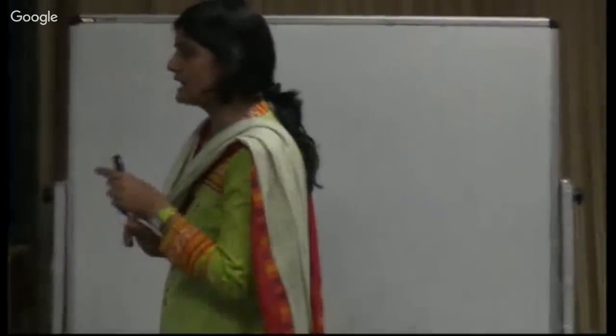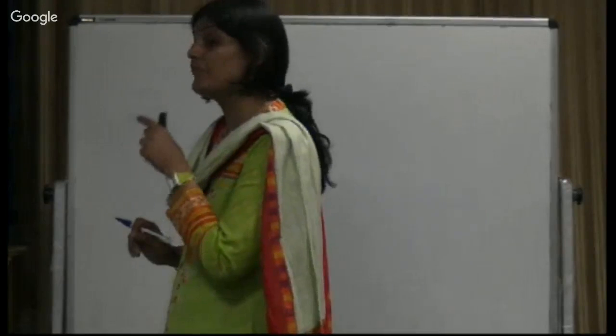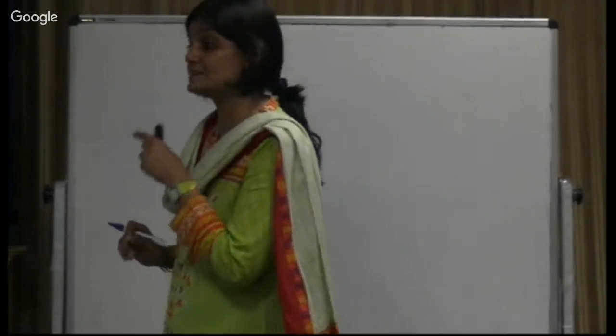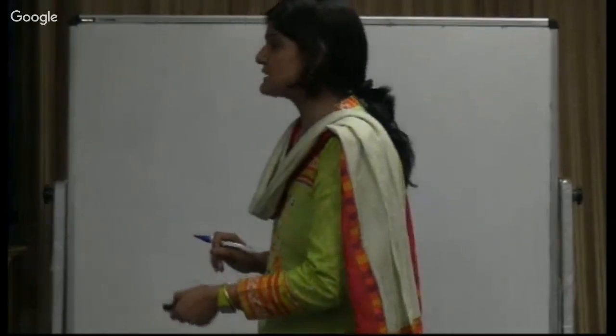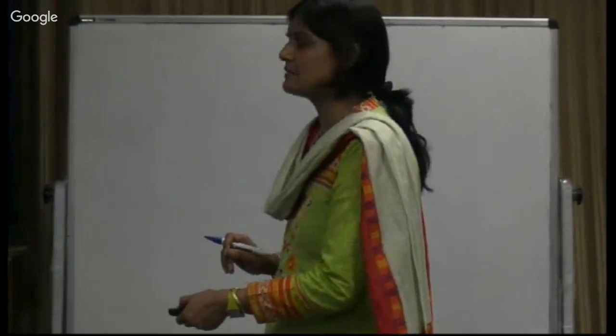Now there is this compound C6H12 which has chirality, but on hydrogenation it is converted into C6H14 compound where the chirality disappears. ठीक है? So you have to find out what is A. Please write the structure and see.